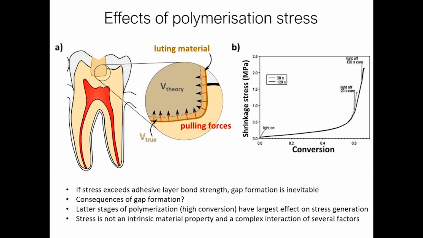It's a complex interaction of many different factors, which includes the speed of cure, the modulus of the material, the configuration factor, so how many bonded surfaces you have, where more bonded surface means you might expect more stress generated, and compliance of your tissue, so compliance of the tooth itself. If a tooth can flex a little bit, then that will actually reduce the amount of stress that is generated.